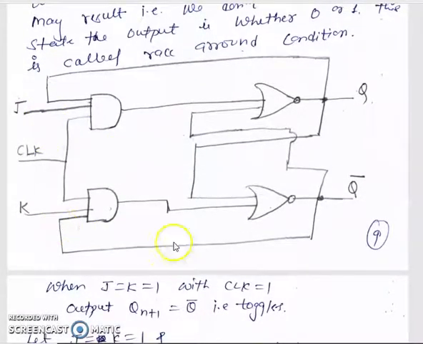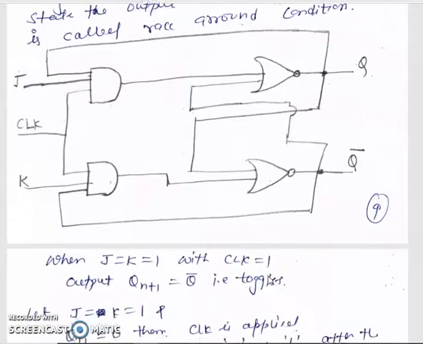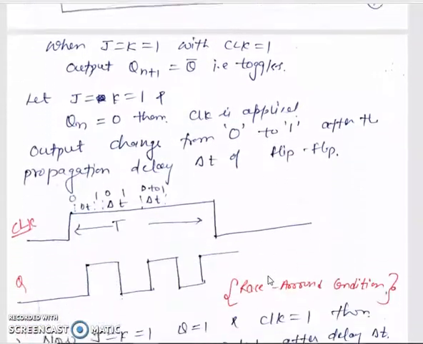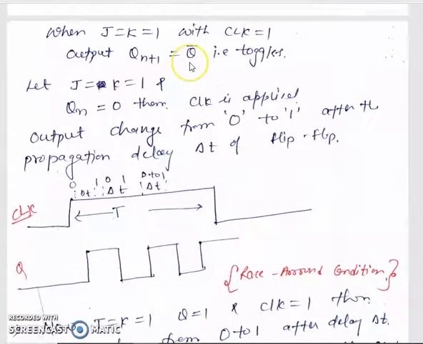There is a JK flip-flop using NOR gates. The output Q is going to K and Q bar is going to J. Whenever J and K are 1 with the clock equal to 1, the output toggles. This means the width of the clock pulse is greater than delta t, where delta t means the propagation delay; the clock pulse width t is very large compared to the propagation delay.